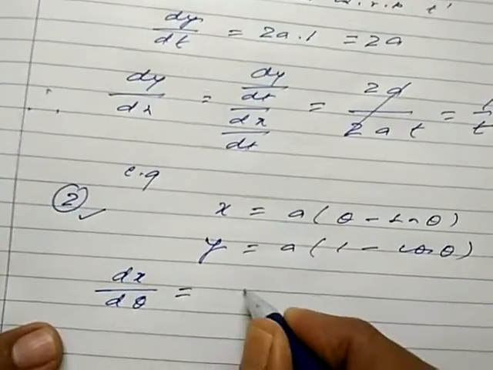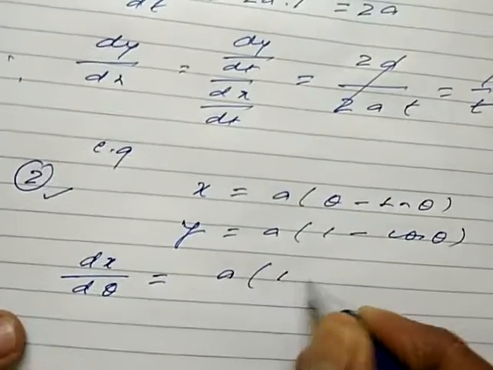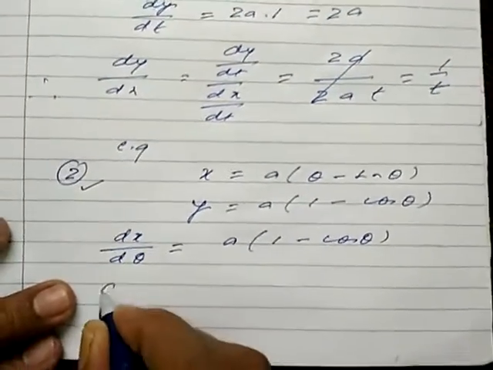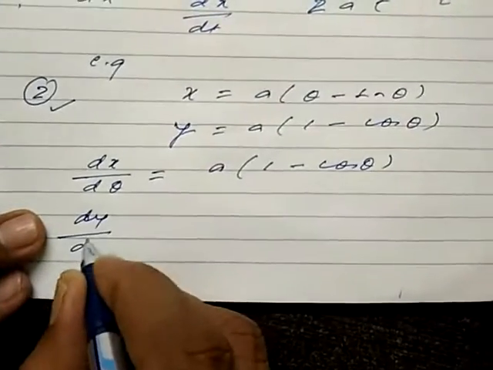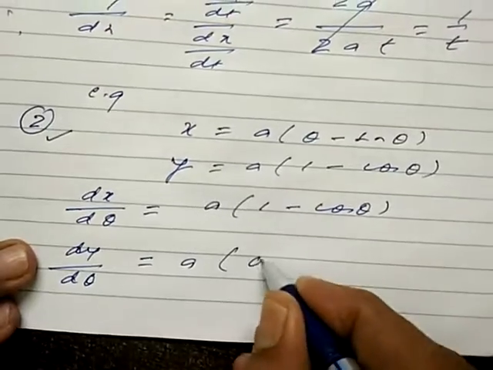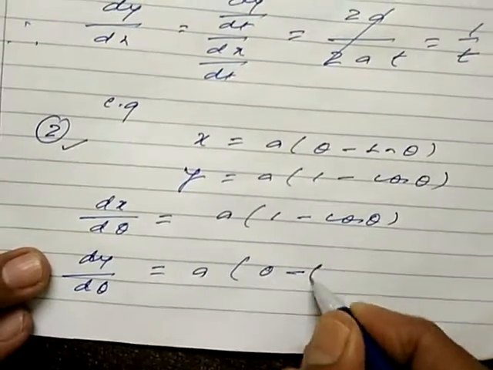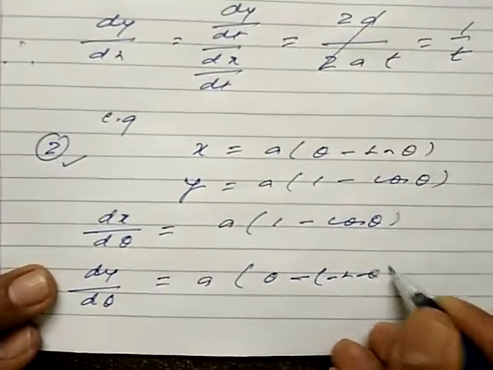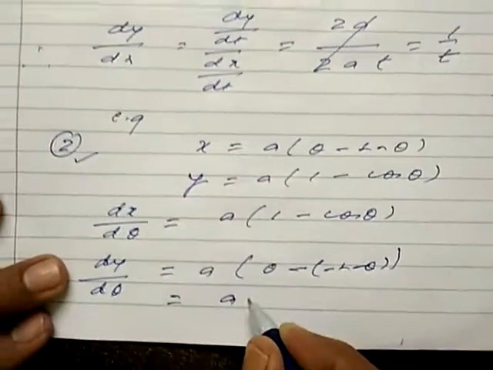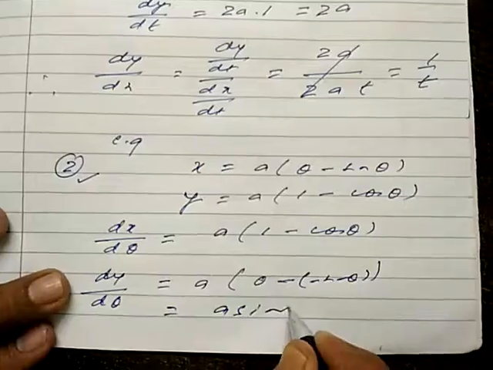That is a times (1 minus cos theta), since theta gives 1 and sine theta gives cos theta. Then we will differentiate y, dy by d theta. The constant a stays outside, 1 gives 0, and cos theta gives minus sine theta, so that will give you a sine theta finally.